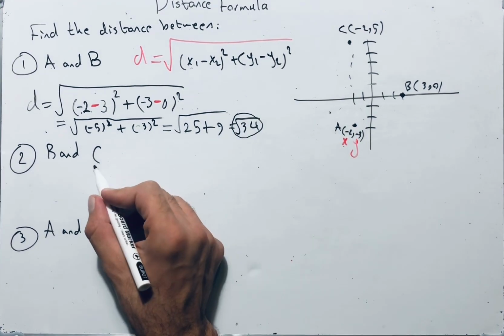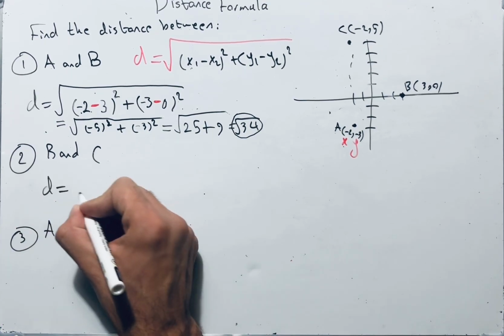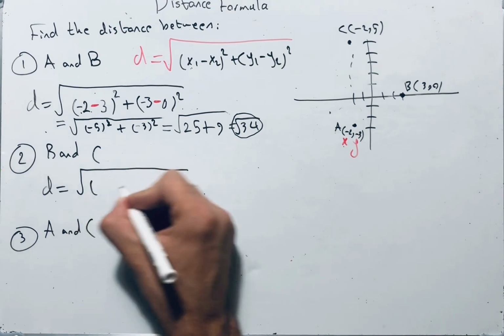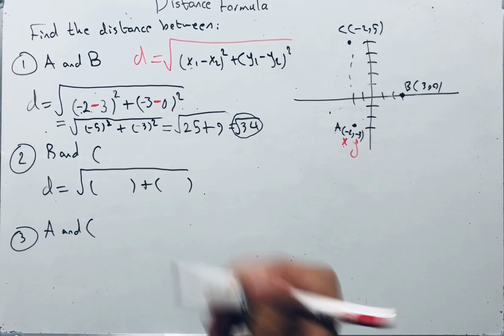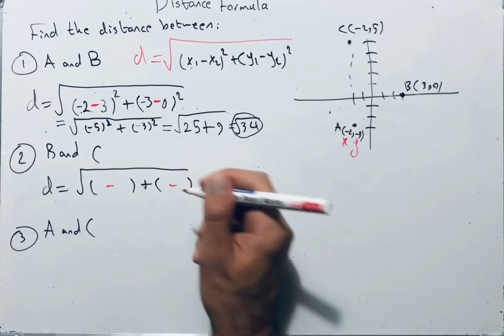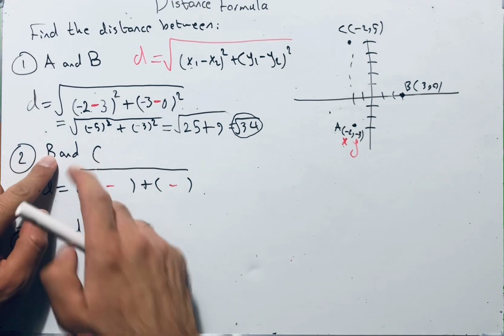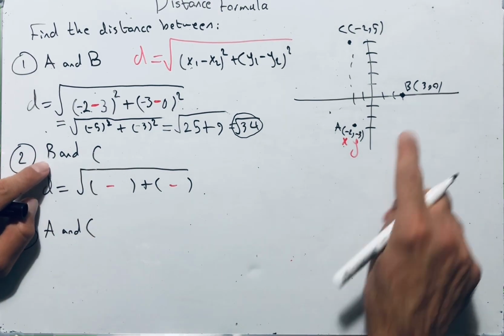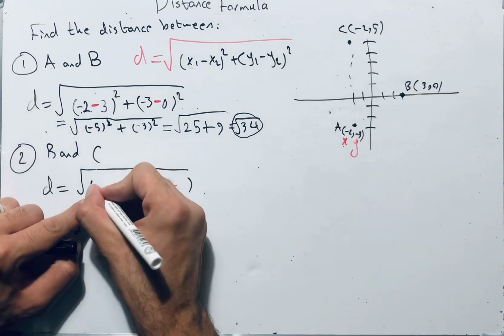So the same thing for B and C. The distance is equal to, we're going to be doing it quicker this time. Again, don't forget about the minus signs. So this time it's B and C. So x1 for B is what? It's 3.